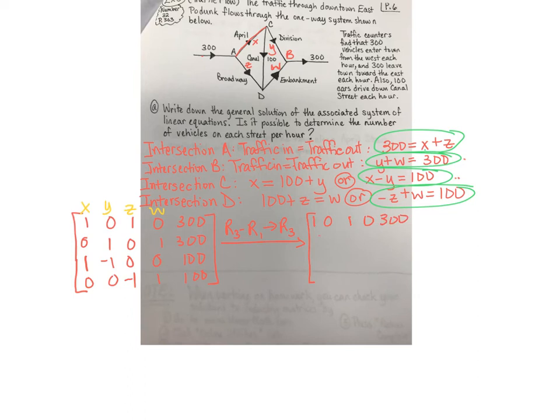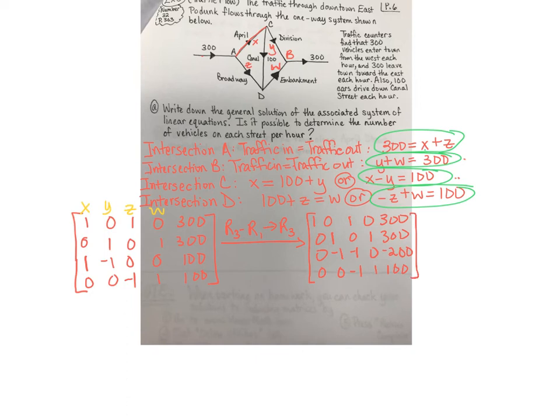Then we'll have 0, 1, 0, 1, 300. We'll have 0, -1, because we're subtracting it to get a new row 3. So 0, -1, -1, 0, and -200. And then our row 4 stays the same. So that's 0, 0, -1, 1, and 100.